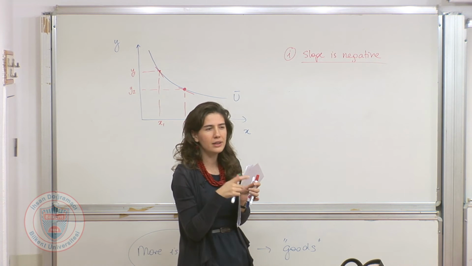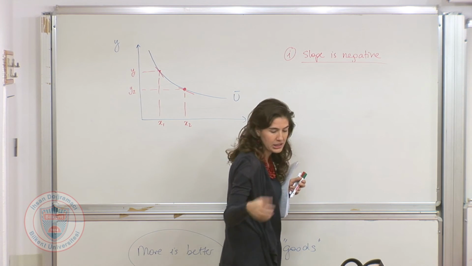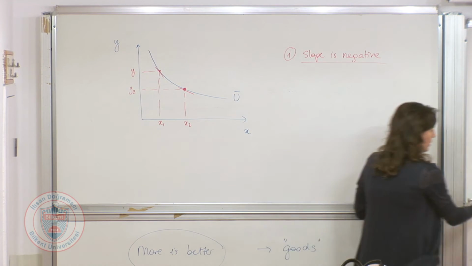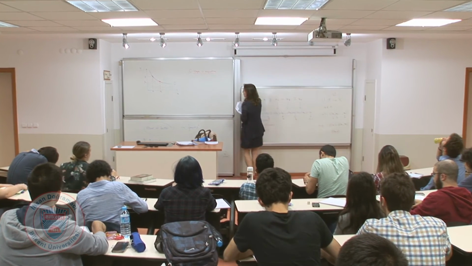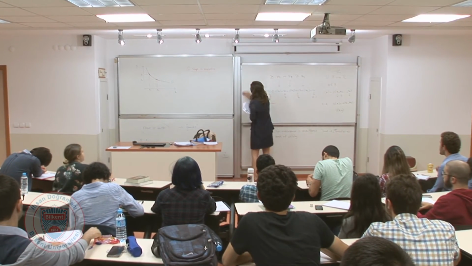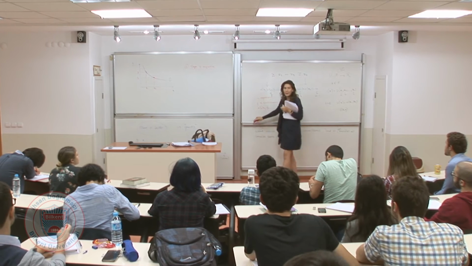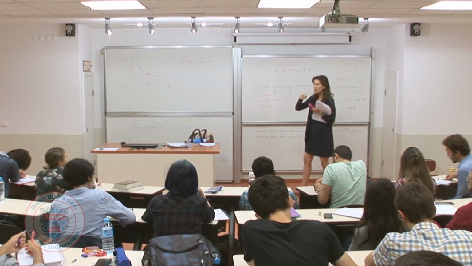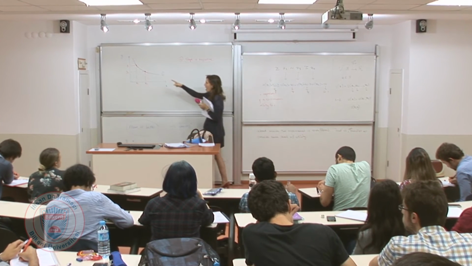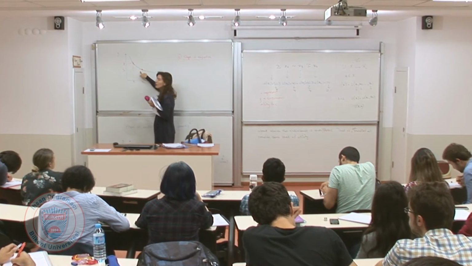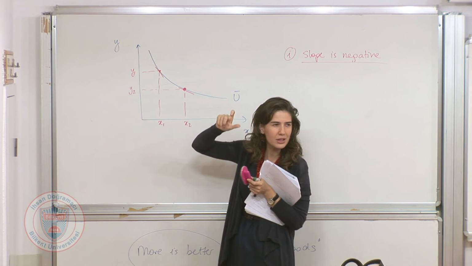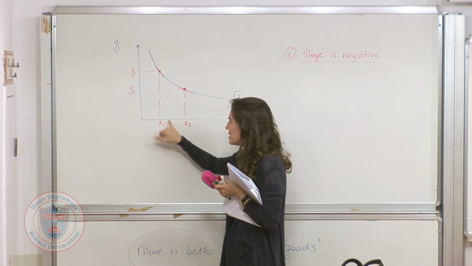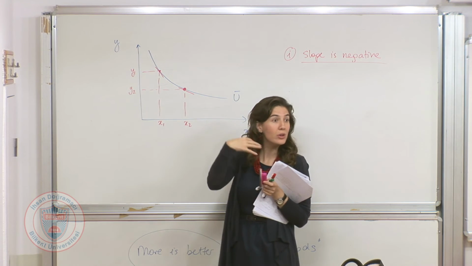And then the second thing is that there is actually a special name for this slope. The slope of the indifference curve, so let me write it down, is given a special name, because it shows the rate at which you're willing to give up y in order to have one more x. You can think of it like this: to have one more x, how many y's am I willing to give up?